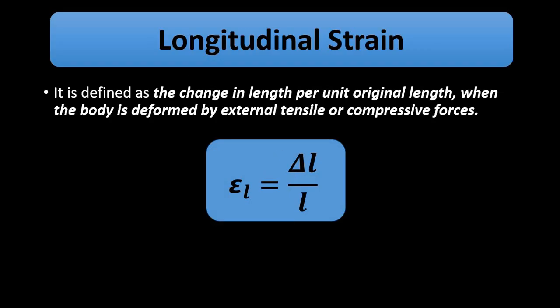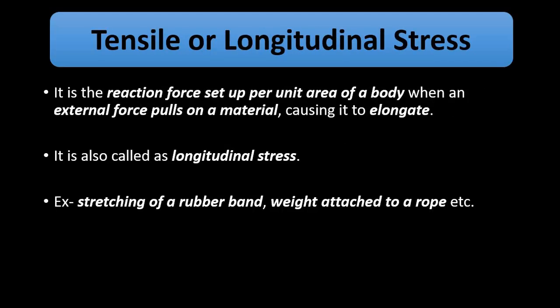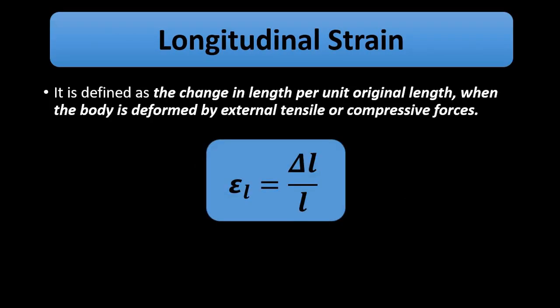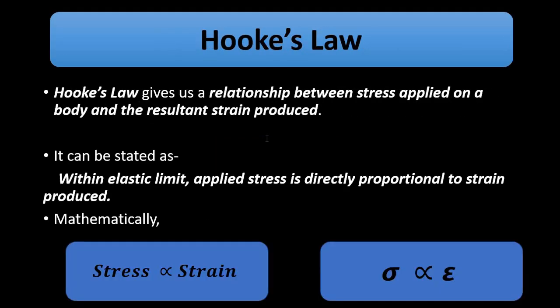So we have to establish a relationship between longitudinal stress and longitudinal strain, and that is what Young's modulus of elasticity will do. So Hooke's law states that within the elastic limit, the strain produced in the material is directly proportional to the applied stress. Strain is directly proportional to stress, or stress is directly proportional to strain.